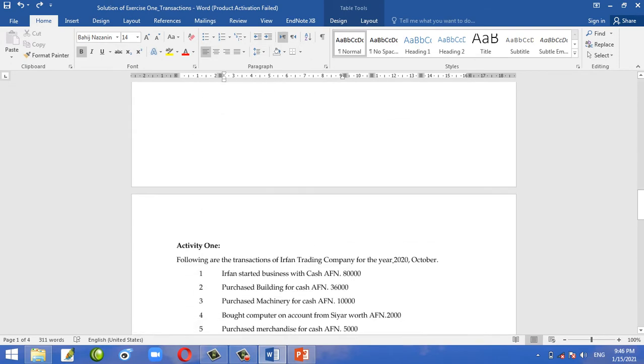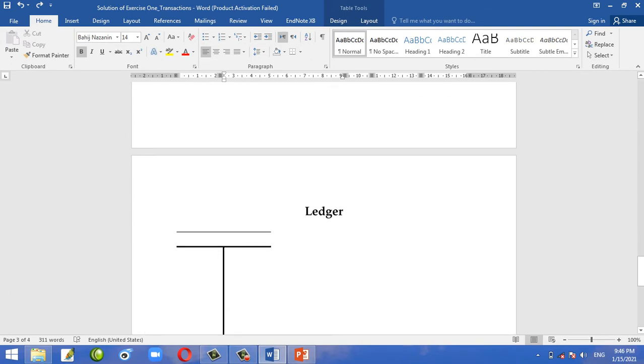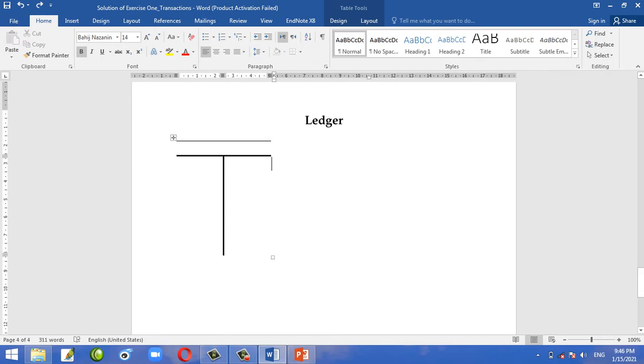So now we are creating the ledger. This is the ledger, and this is the T form of the ledger. If you see here, the black bold one is the T form of the ledger. The name of the account should be written here. For example, we have cash.